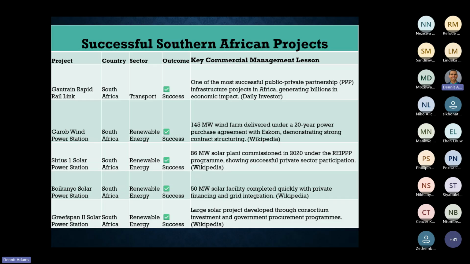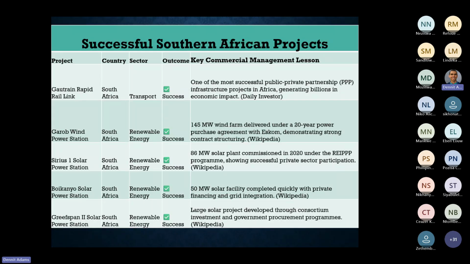Garob wind power station in South Africa, renewable energy. That's a 145 megawatt wind farm delivered under a 20-year power purchase agreement with Eskom, demonstrating strong contract structuring. So not all doom and gloom for Eskom. Sirius 1 solar power station, also in renewable energy, is an 86 megawatt solar plant commissioned in 2020 under the REIPPP program, showing successful private sector participation.